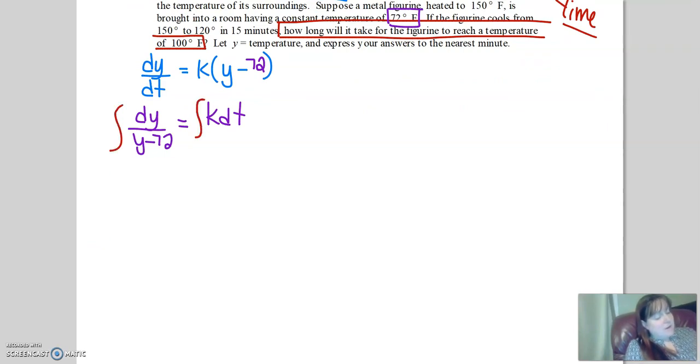And the integral of 1 over y minus 72 is ln of the absolute value of y minus 72. And that equals kt plus c, remember, because the derivative is with respect to t.